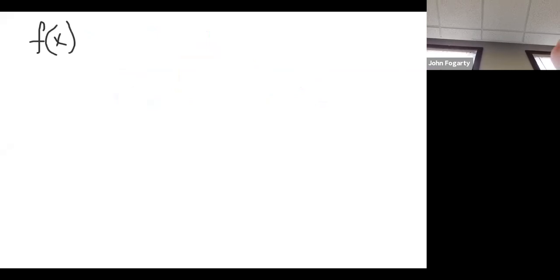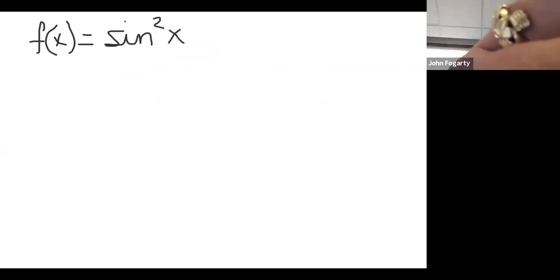Let's make it a little more difficult now. Let's do some sine and cosine stuff, right? So f of x equals sine squared of x. Now, fellas, you need to understand that's how they write sine of x squared.